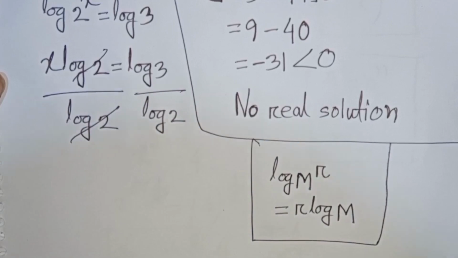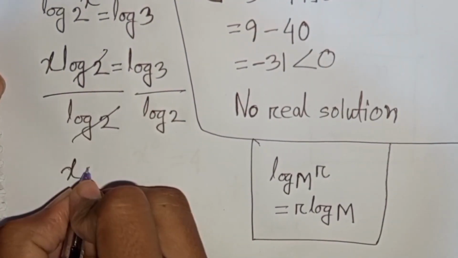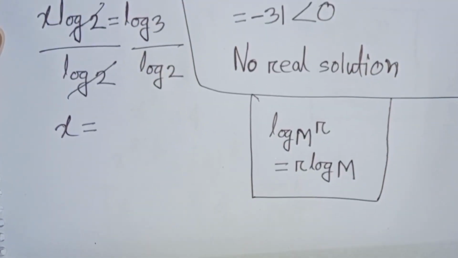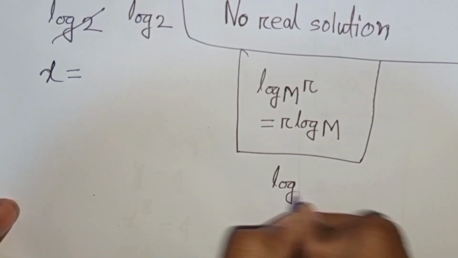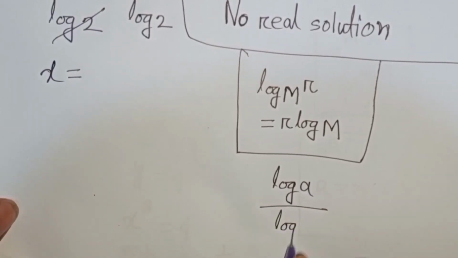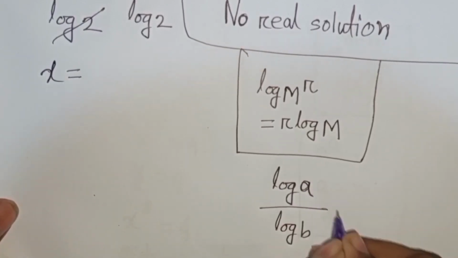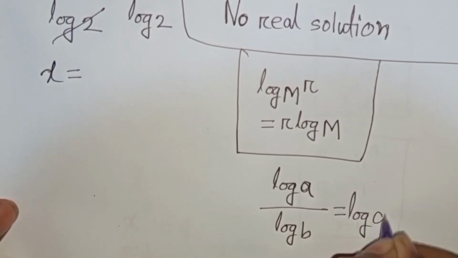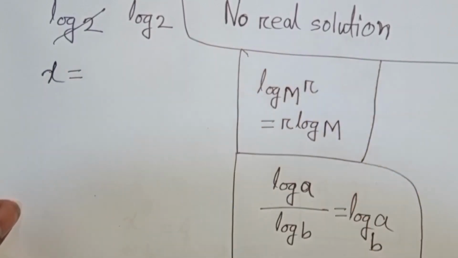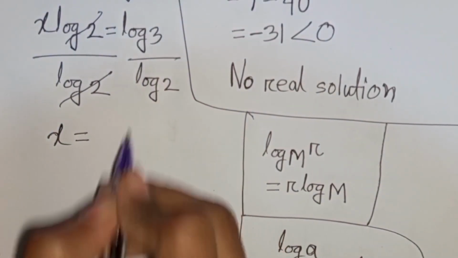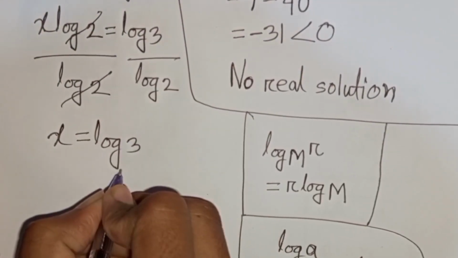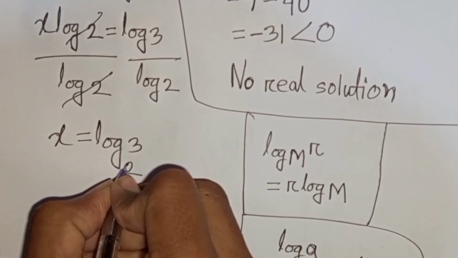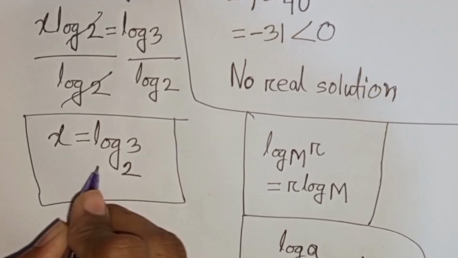So here x will be equal to, and here we can apply the formula log a divided by log b is equal to log a base b. So according to this formula, this divided by this will be log 3 base 2. So this is the value of x.